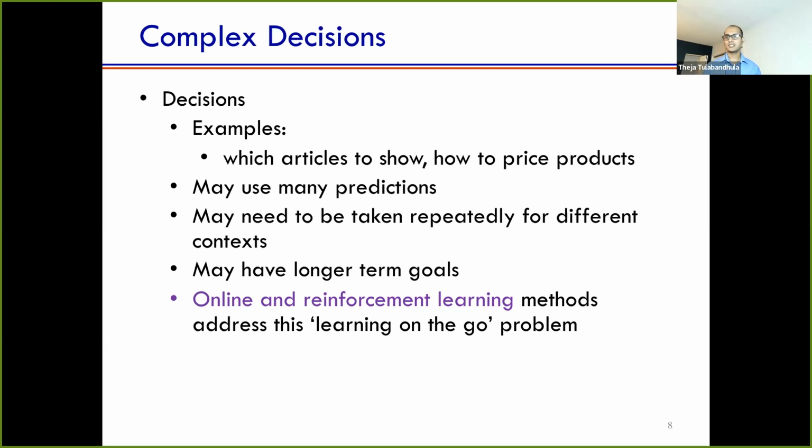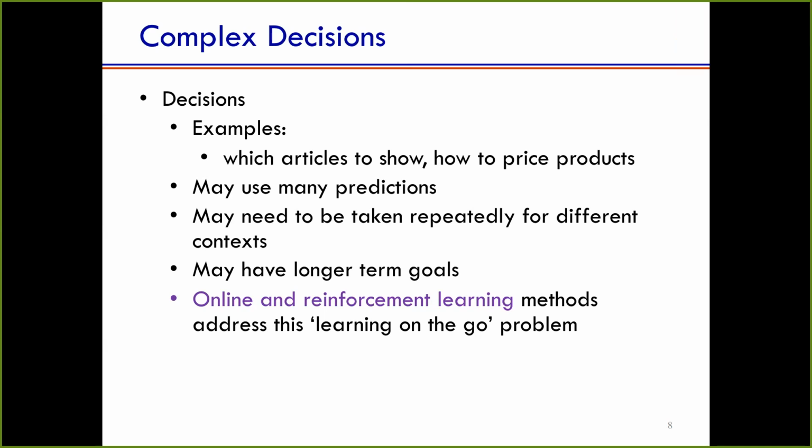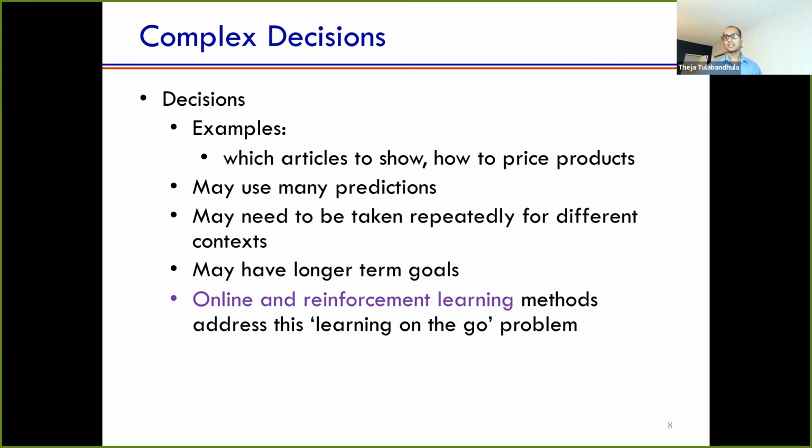It's related to complex decision making. Complex decision making just means that there is no simple transformation from a prediction to a decision. For example, if you forecast for tomorrow that there's something like a 90% chance of rain, you can make a decision to take an umbrella with you. And that's a very simple decision, right? If the probability of rain is greater than 50%, let me take an umbrella.